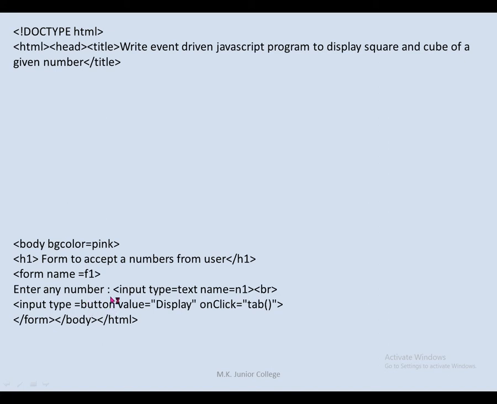Okay, here, very important, input type button you are giving, not submit, not reset. This is the third value of the type attribute, where button indicates if you want to create any other button rather than submit and reset.